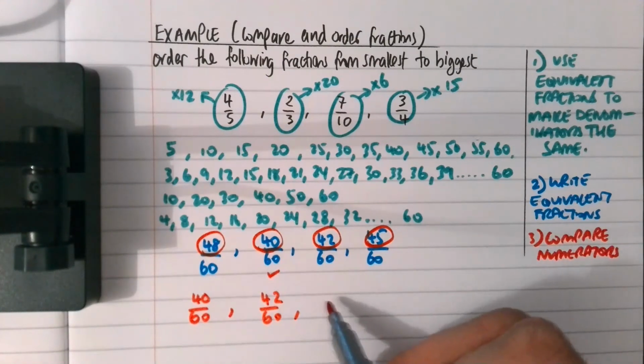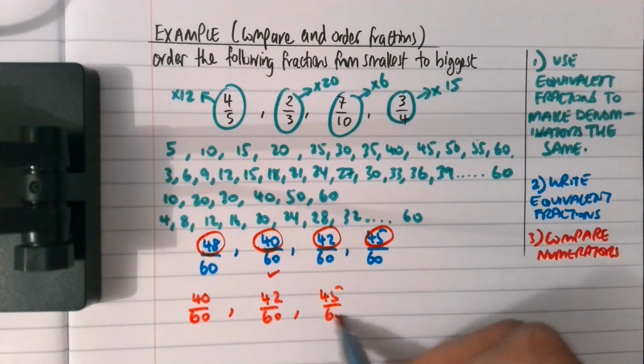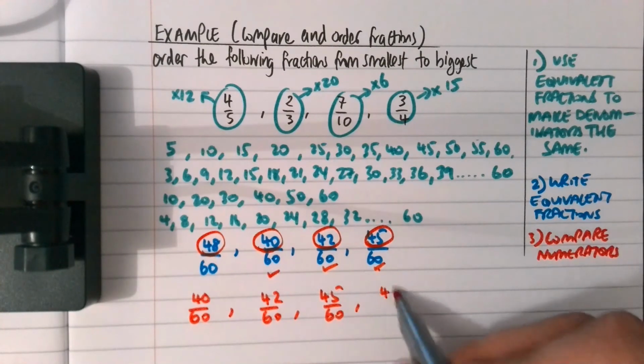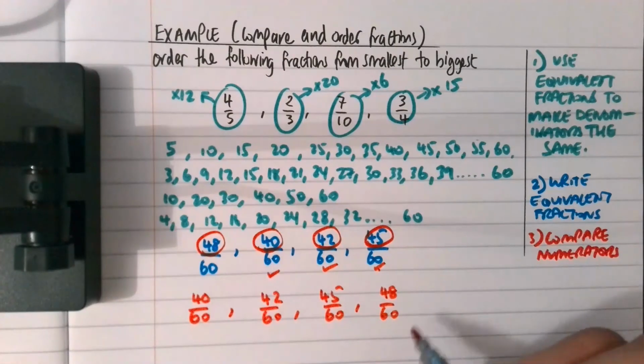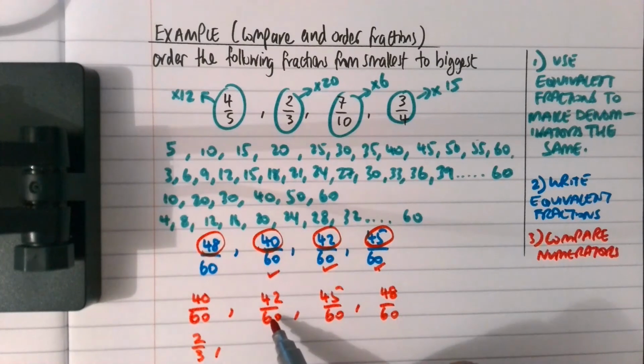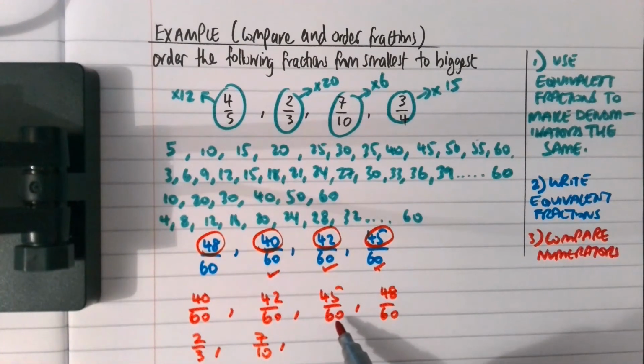But then we have to write all of these fractions in their original form. So this is the scaled up version, but we want to write their simplified versions, which are in the question above. So 40/60 was originally 2/3. 42/60 was originally 7/10. 45/60 was 3/4.